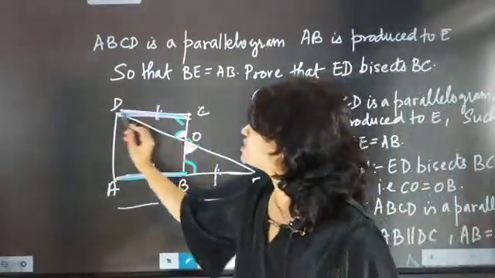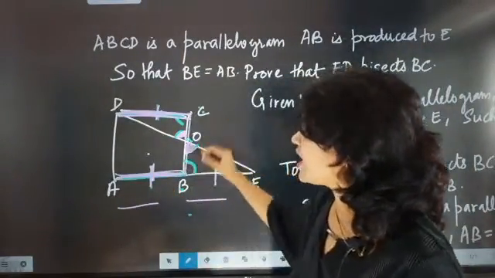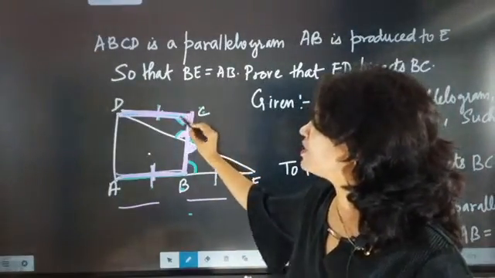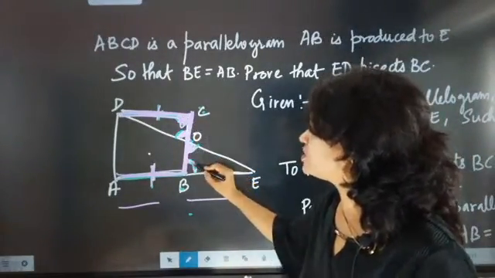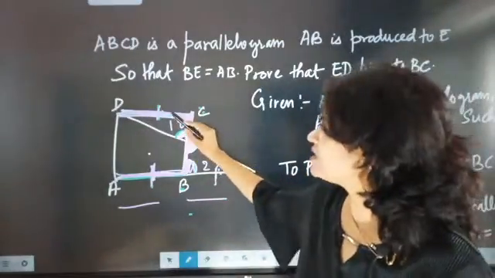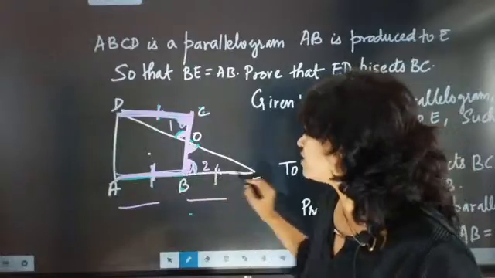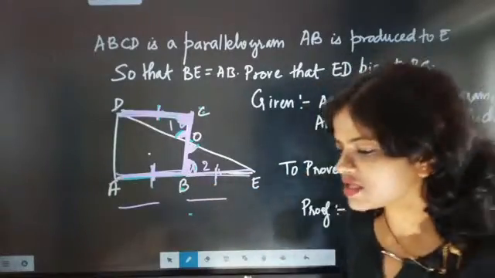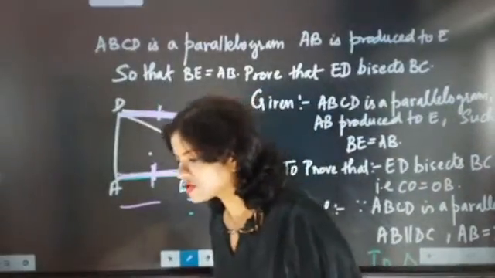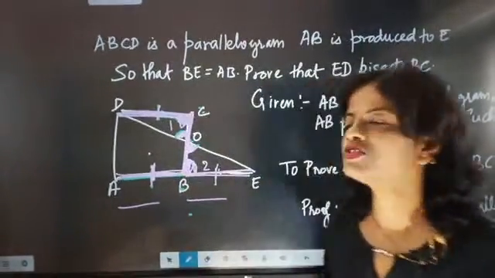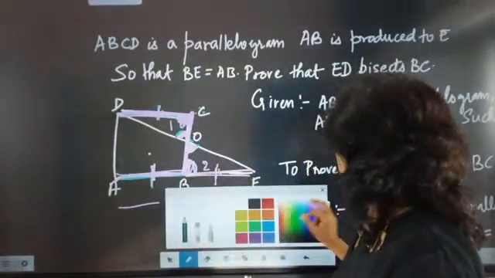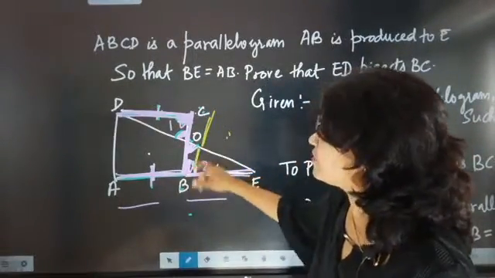Now since this is parallel to this one and this will act as transversal, this angle will become equal to this angle, that is angle 1 equal to angle 2. So by angle side, both the triangles are congruent. And once you have made it congruent, then only one small work: by CPCT this side will be equal to this side.